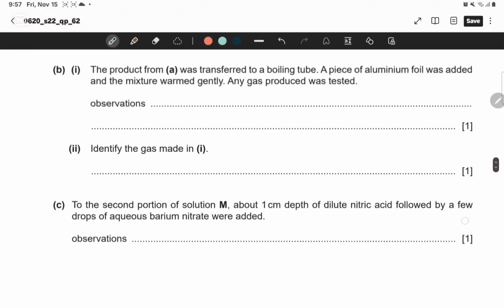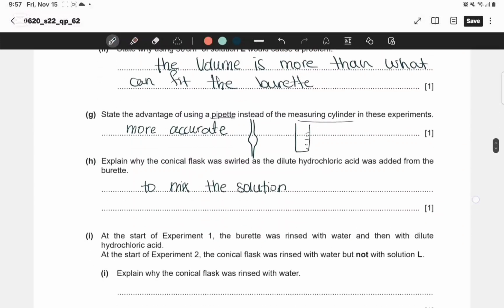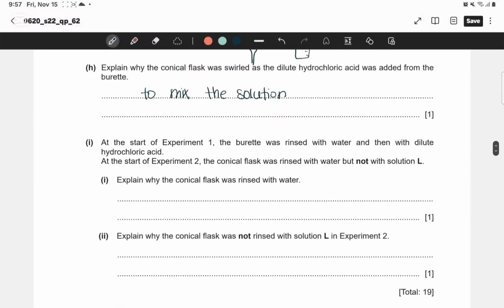At the start of experiment 1, the burette was rinsed with water and then with dilute hydrochloric acid. At the start of experiment 2, the conical flask was rinsed with water but not with solution L. Explain why the conical flask was rinsed with water.